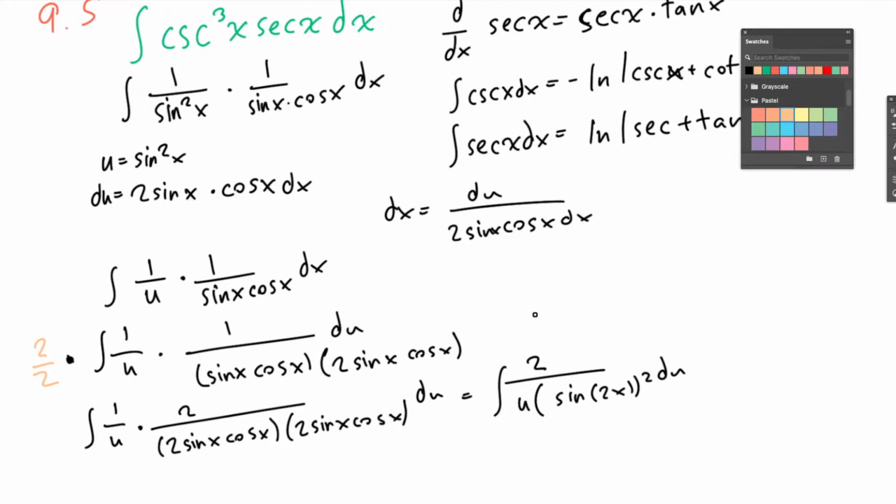Okay. But we also know that du equals sine 2x. So that means we just got 2 over u times du squared du.